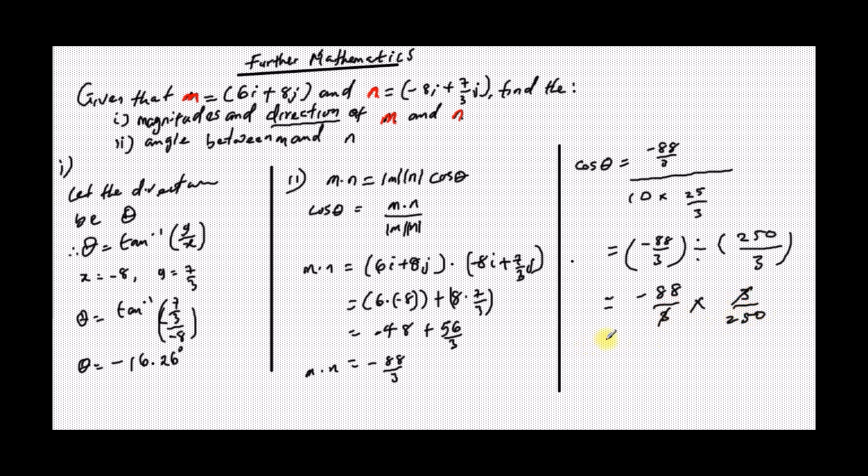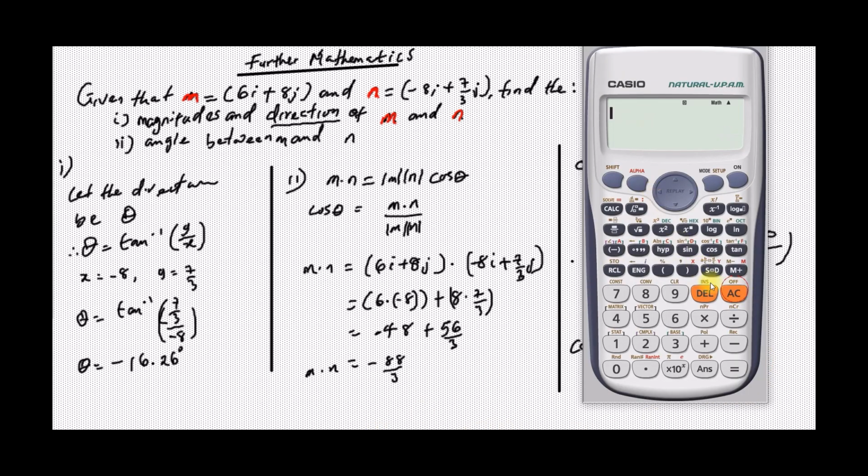So 3 will take care of 3. We have minus 88 over 250. That is cos theta. So then theta will now be cos inverse of minus 88 over 250.